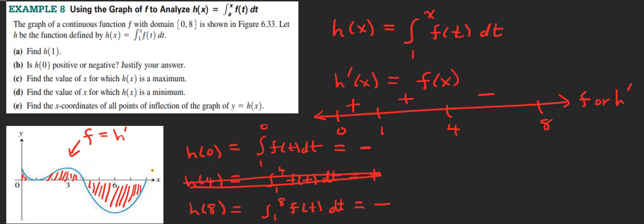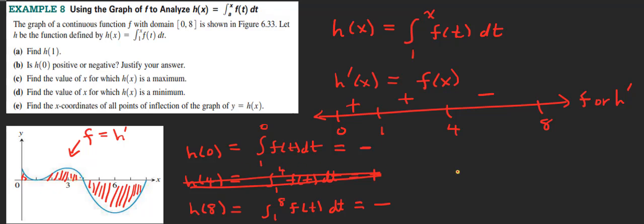Well, if you look at this, from 0 to 4, h is increasing. And from 4 to 8, h is decreasing. But notice, h decreases more than it increases because the area below the x-axis is greater than the areas that are above the x-axis.